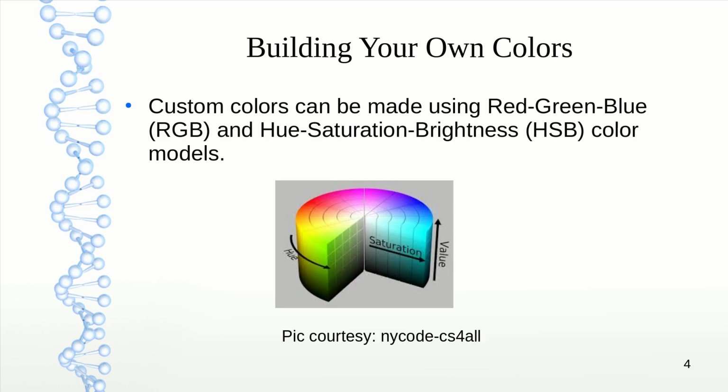Now let's see how we can build our own colors. There are many models available for making newer and newer colors. However, we are going to concentrate on two different models. The first is red, green, blue or RGB model, and the second is hue, saturation, brightness or HSB model.